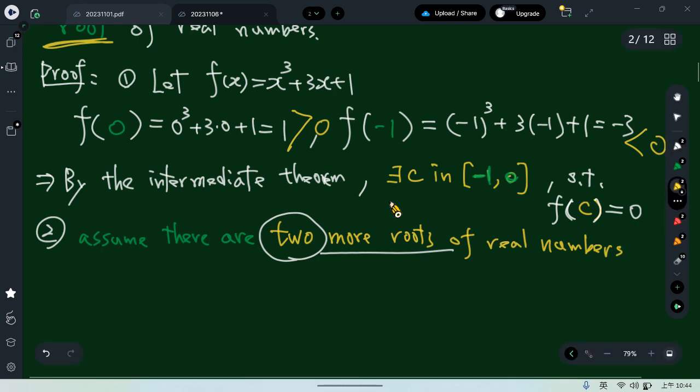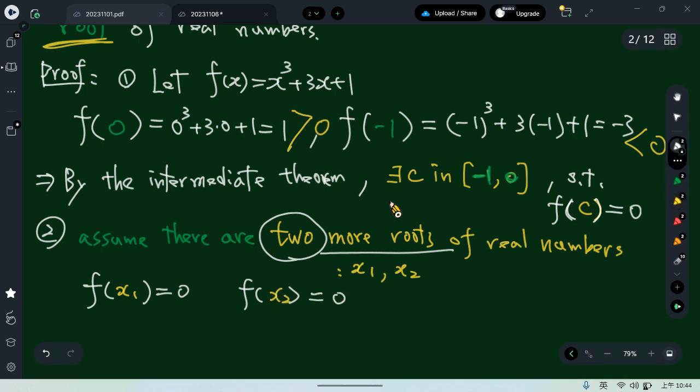For example, if there are two, maybe x1 and x2. So if x1 and x2 are roots, we must have f of x1 is 0 and f of x2 is also 0, right?